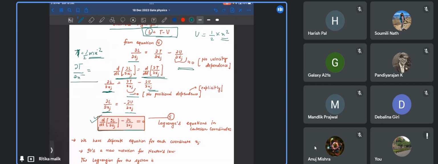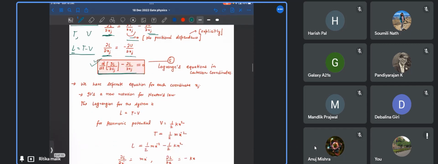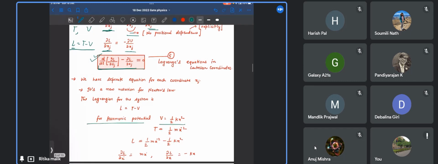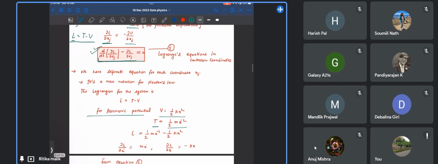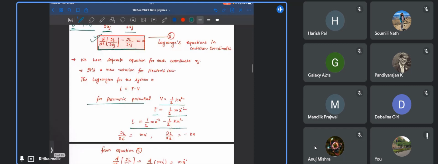Whenever you see any system or configuration, you just write the kinetic energy, write the potential energy, take their difference and write this as the Lagrangian. And from that, solve these equations to get the equations of motion. For example, in the case of a harmonic potential, your potential energy is 1 by 2 k x squared. You write your kinetic energy, which is 1 by 2 m x dot squared. So your Lagrangian is kinetic energy minus potential energy.